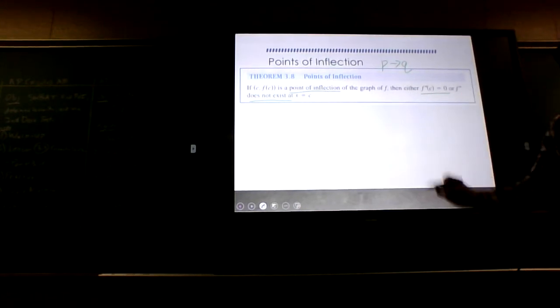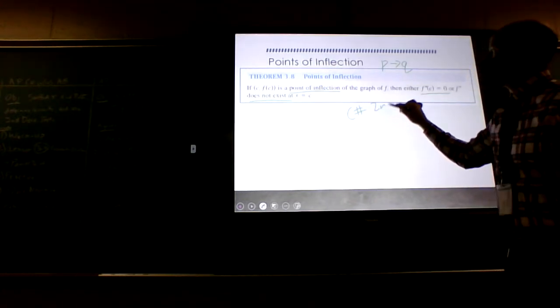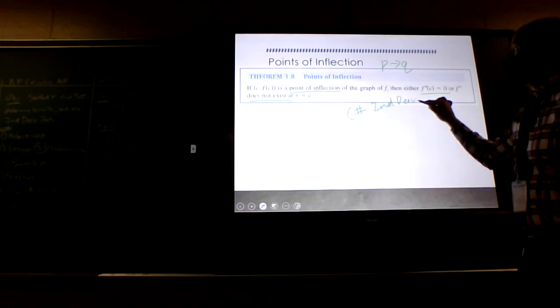It just says if it's a point of inflection, then it had to occur at these critical numbers of the second derivative. And it turns out that those critical numbers of the second derivative have to be either 0 or D and E. This is very similar to our definition of critical numbers from earlier in this chapter.